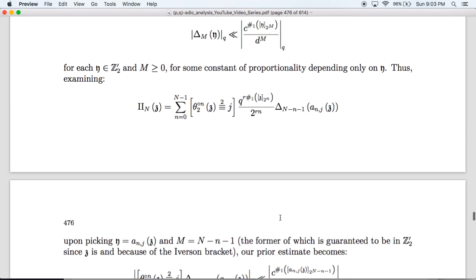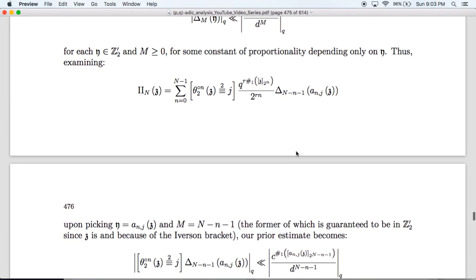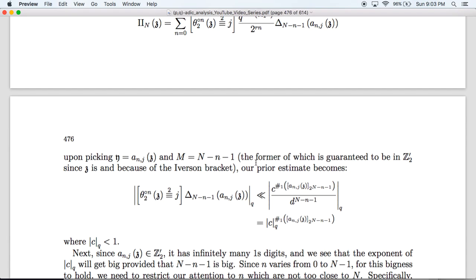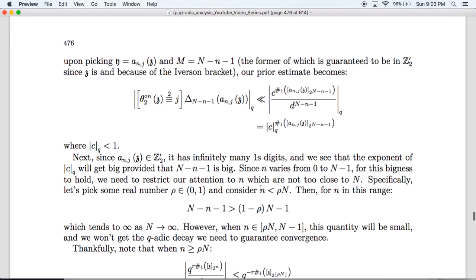And then we're going to break up the sum over little n here into two regions. One where little n is strictly less than rho big N, and the other where little n is greater than or equal to rho big N. When n is less than rho big N, we can get the following inequality.